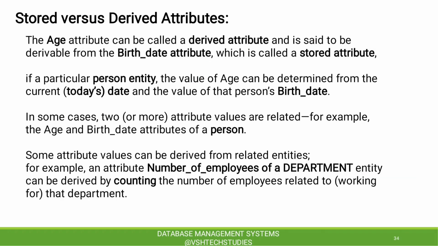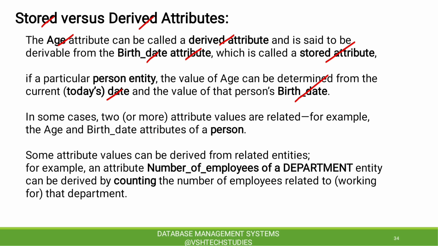So next let us know what is stored attribute and derived attribute. The age attribute is called as derived attribute. Birth date attribute is called as stored attribute. For a person entity, the value of age can be determined from today's date and the value of person's birth date.